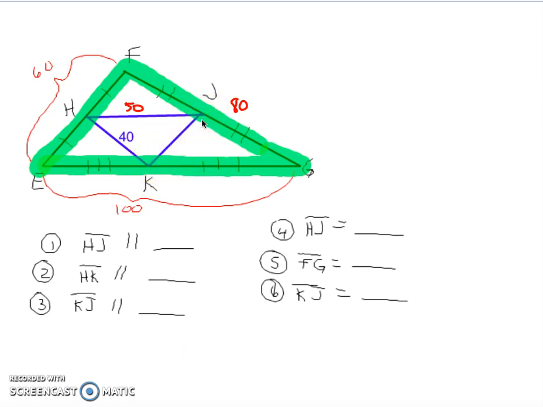That's a midsegment. So if I look at its third side, which is 60, I can take half of that, and that would be 30. Go ahead and fill these in now. Check your answers. This is what you should have listed for each one.